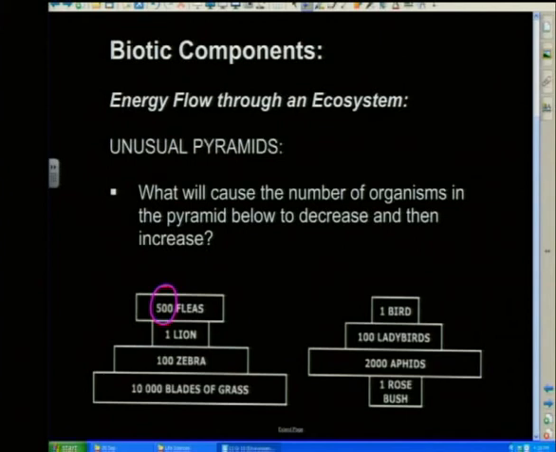So if we refer to the numbers at different trophic levels, we'll see that these numbers gradually decrease, but increase here because the size of the organisms has decreased. Here we looked at that example already. We looked at the number of rose trees, the 2,000 aphids, 100 ladybirds, and one bird.